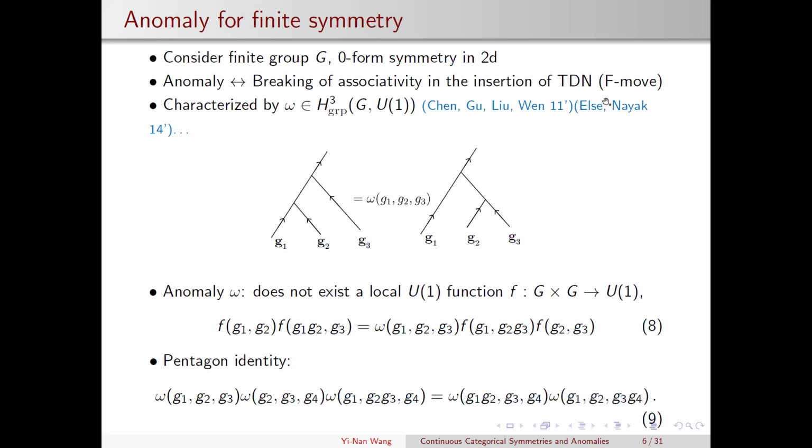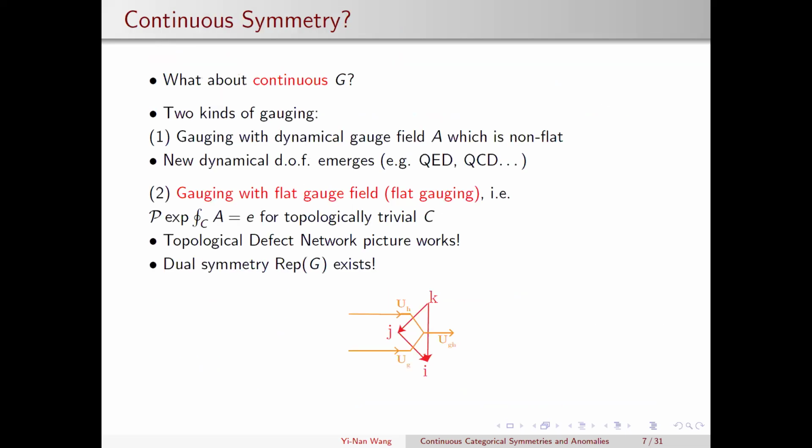Now the question is, what about the continuous symmetry G? Can we employ all the toolkits that I introduced before and apply them to Lie groups? For the case of continuous G, you have to be very careful, because there are actually two different kinds of gauging that are fundamentally different.